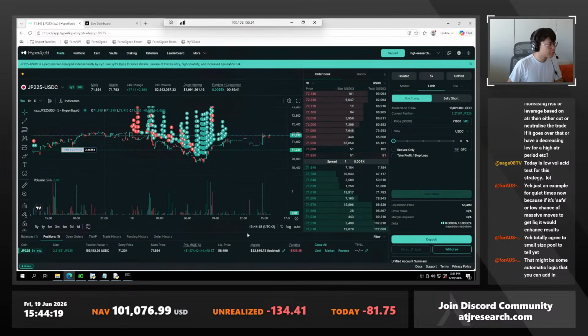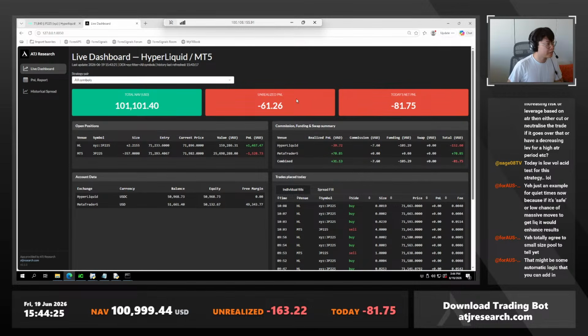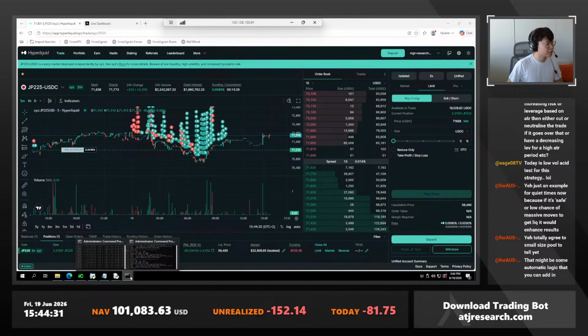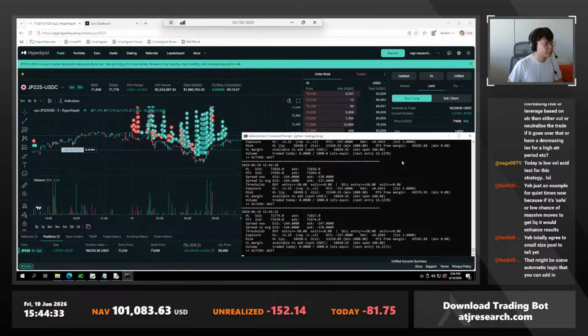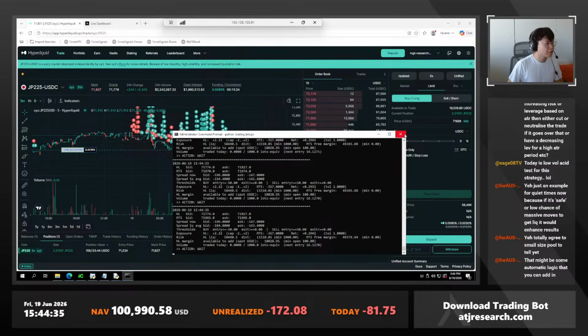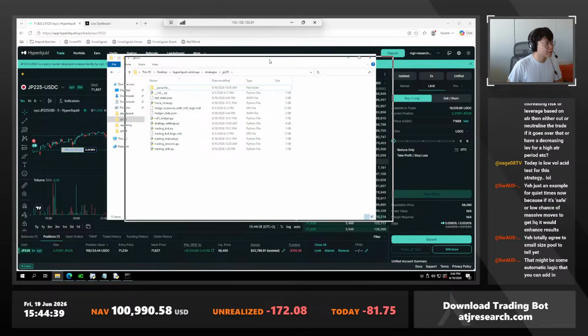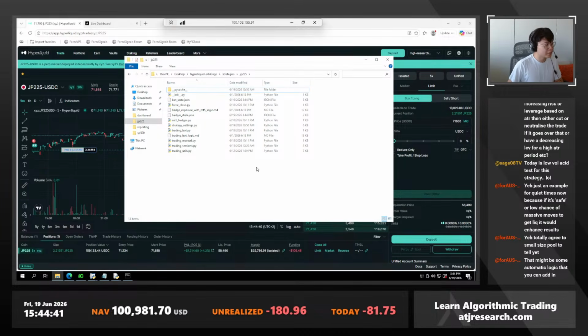Yeah, let's just actually force close. I will realize a loss, like let's say $100 or $200, but I'm missing out on opportunities. So this is the main part, right? I'm missing out on opportunities. So I should actually just close it, accept the $200 loss, and just trade something else that's profitable now, and I'll investigate later why JP225 doesn't work.